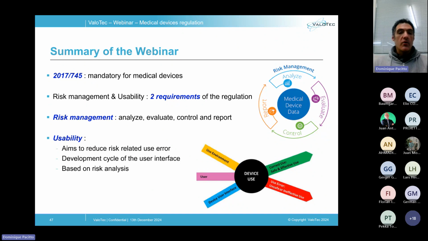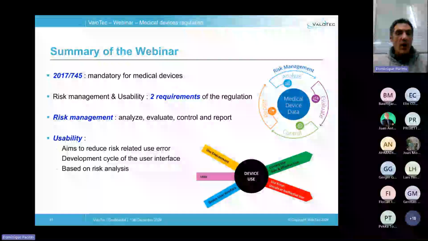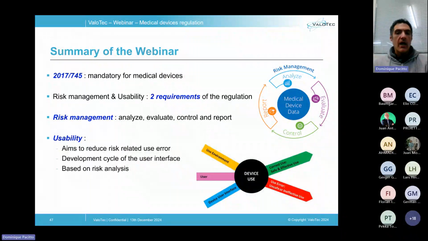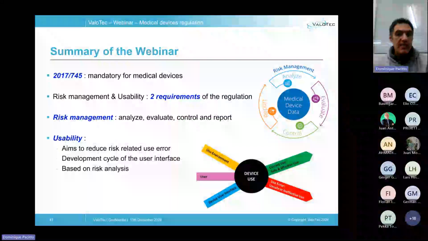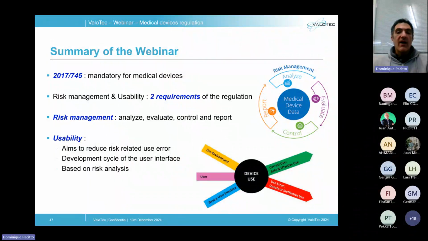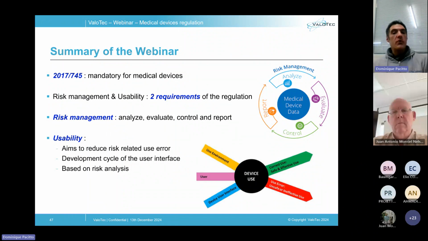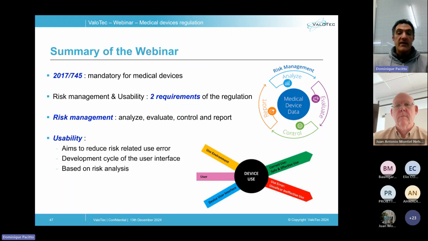Then you can use the standard ISO 14971 for risk management, and this standard requires to analyze, evaluate, control, and document your risks during your risk management process. And finally, the standard for usability is the IEC 62366, and it requires to identify the risks related to the device use and to reduce them until an acceptable level, following a development cycle of your user interface.